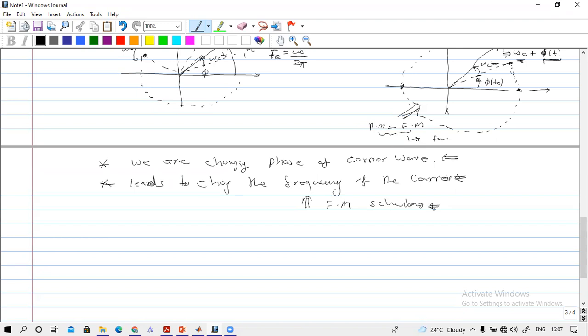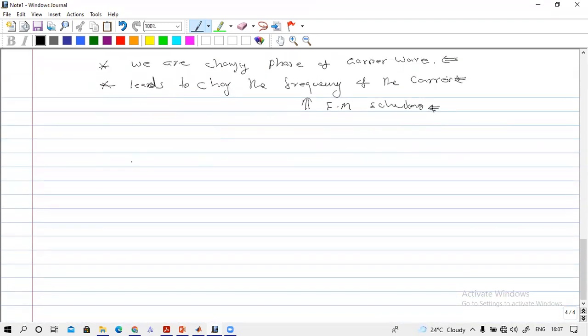Another important point I should recap. We can represent our phase modulated signal like this: x_PM(t) = A_c cos(omega_c t + phi(t)).